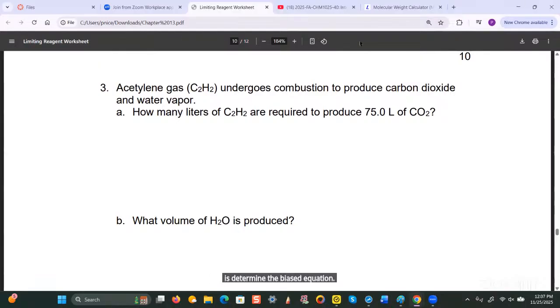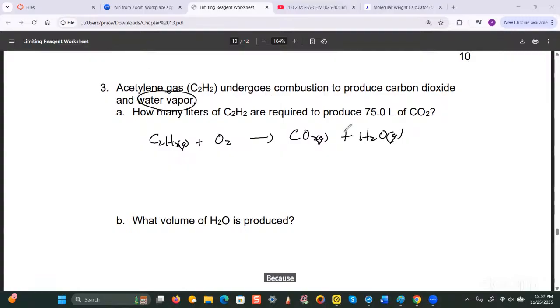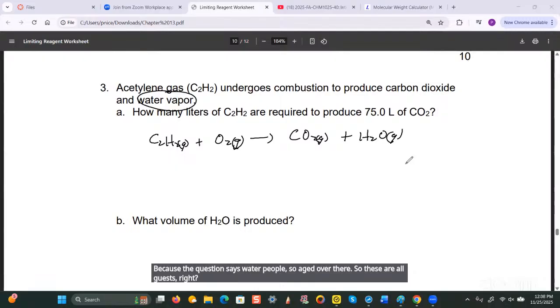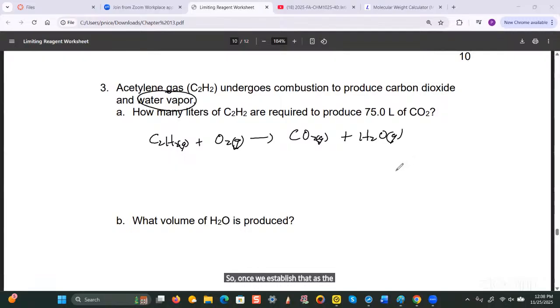So the balanced equation is, in this case, determined by writing down what the reactants are, which is C2H2 gas plus oxygen, which is also a gas, and then the products will be CO2 gas and H2O gas, right? Because the question says water vapor, so H2O will be a gas. So these are all gases, right? So once we establish that as the unbalanced equation, we now need to balance it.